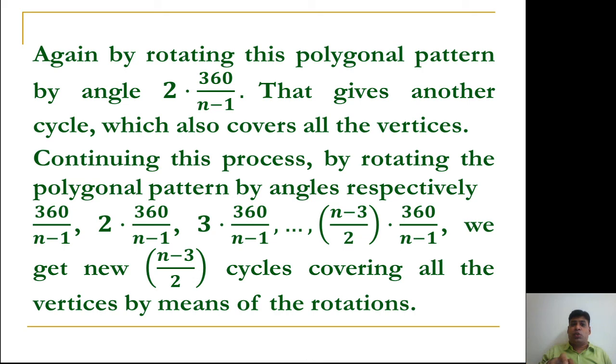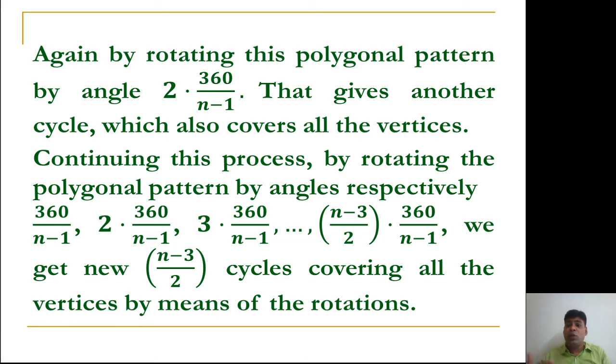Again, rotating by the same angle, the third Hamiltonian circuit can be obtained by rotating the original polygon by 3 times 360 by (n minus 1). First rotation, second rotation, third rotation, each rotation increases the angle by 360 by (n minus 1) degrees. So at the third rotation, the total angle rotated is 3 times 360 by (n minus 1).